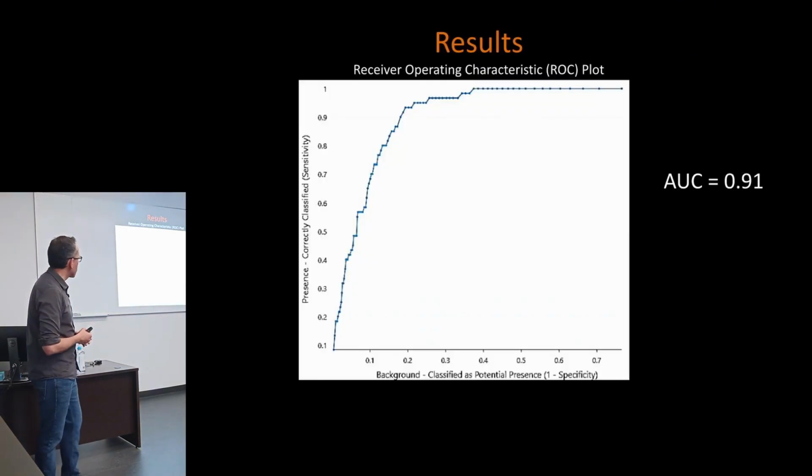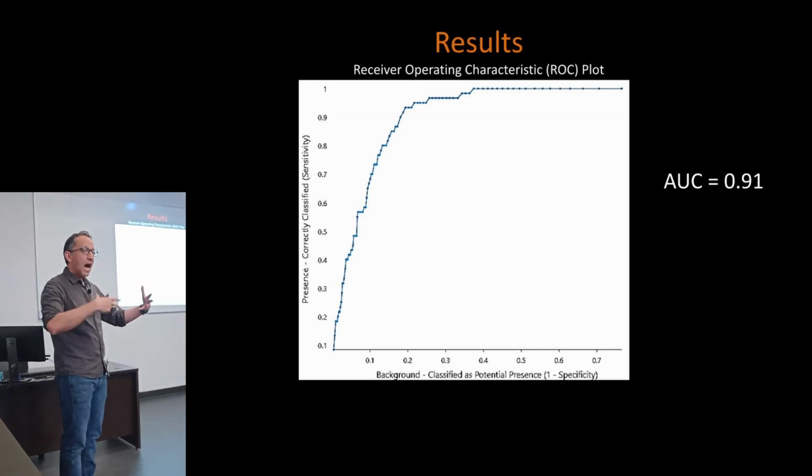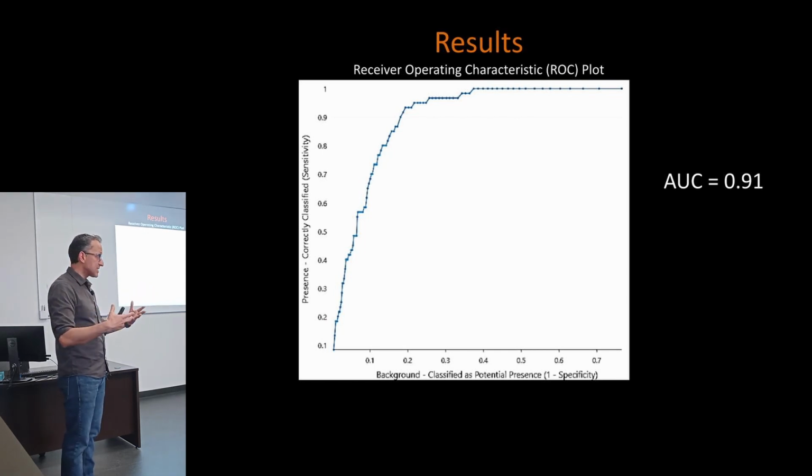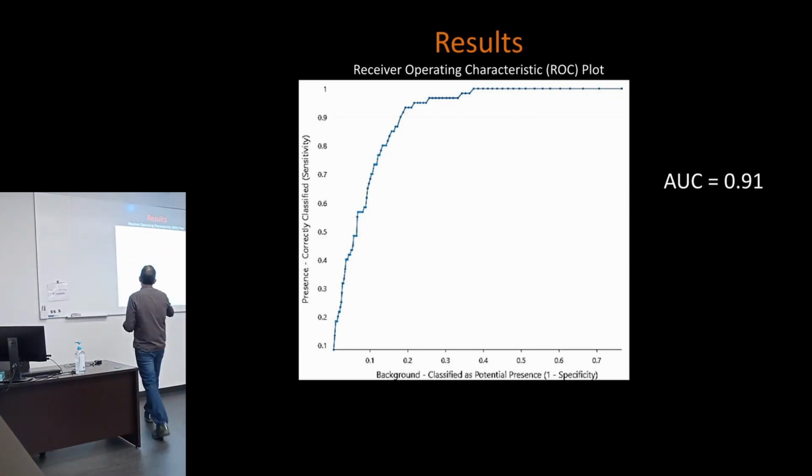So these are just some of the results of the modeling aspect. In order to evaluate the outputs of Maxent, we rely on this type of graph. This is what we call the receiver operating characteristic curve, or ROC curve. How you interpret this is, this line is the outcome of the model, and the closer this line is to the vertical axis, the better the performance of the model is.